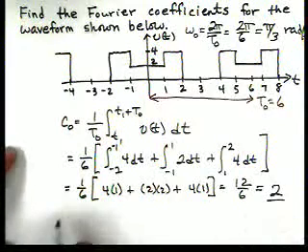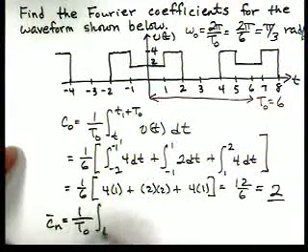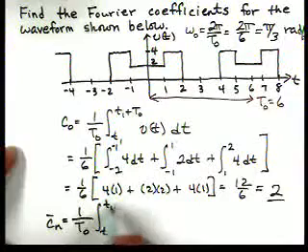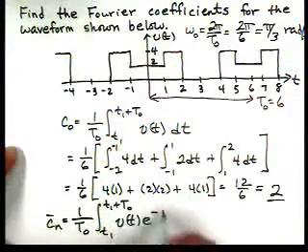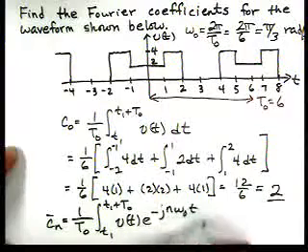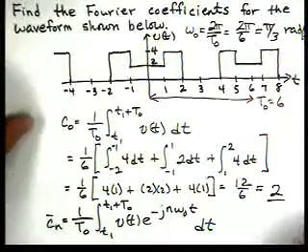So now we can calculate the C sub n's. C sub n is 1 over T0 times the integral from T1 to T1 plus T0 of v of t e to the minus j n omega naught t dt. We already calculated omega naught.